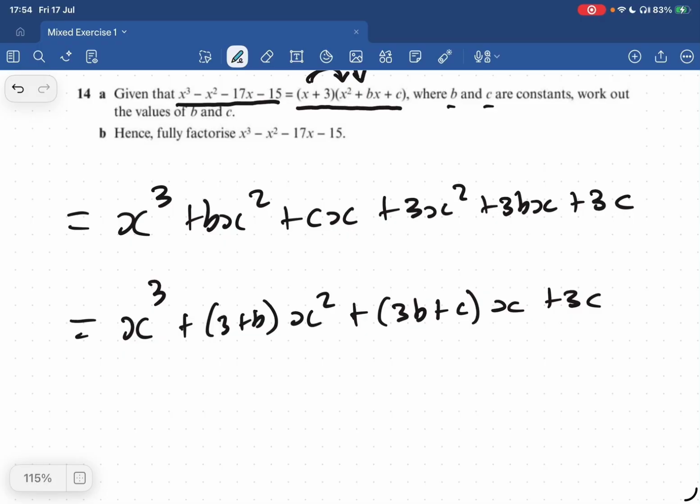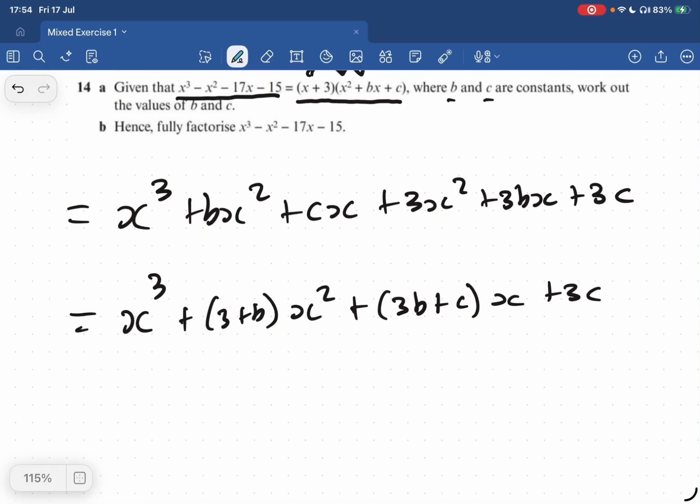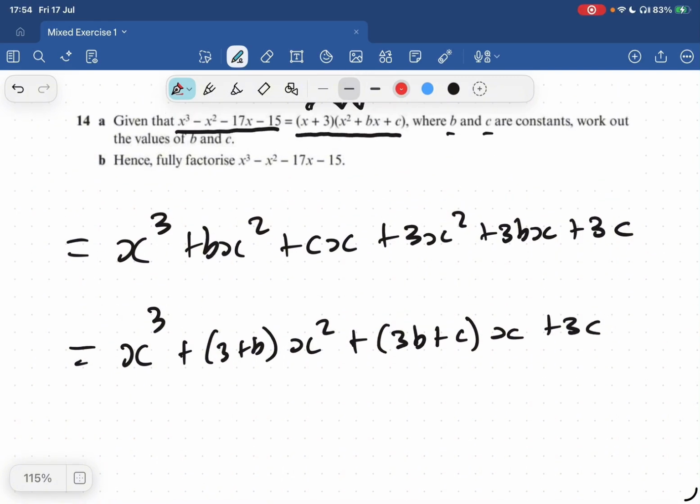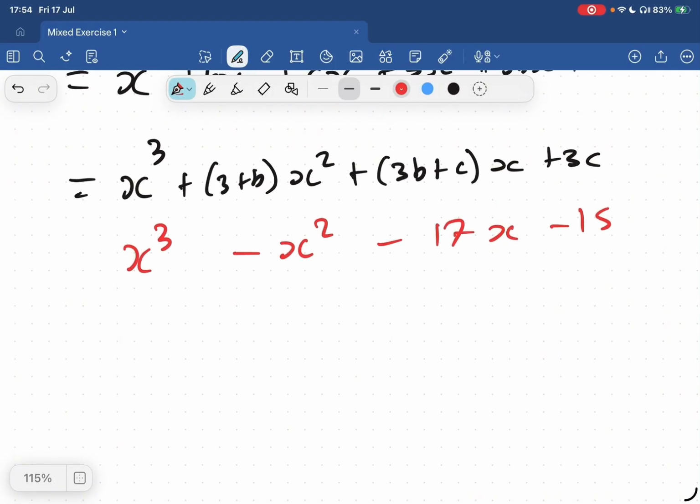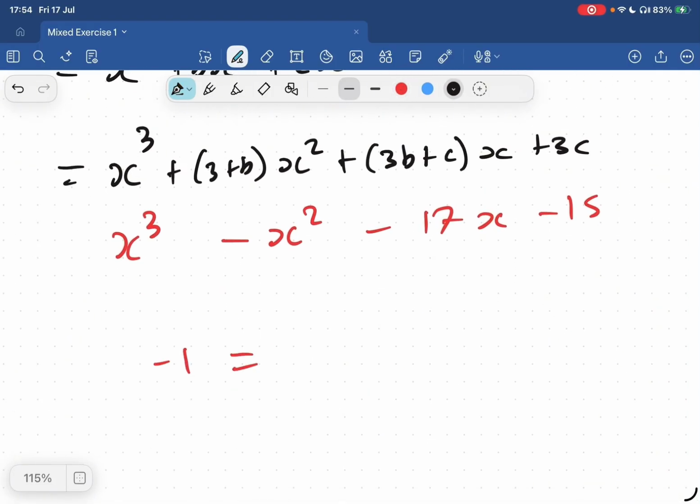Okay, and what I mean by comparing coefficients here? Well, we're told that this equation is equal to our red equation. Okay, so minus x squared minus 17x minus 15. So we know that negative 1 is going to equal 3 plus b, so then b equals negative 4.